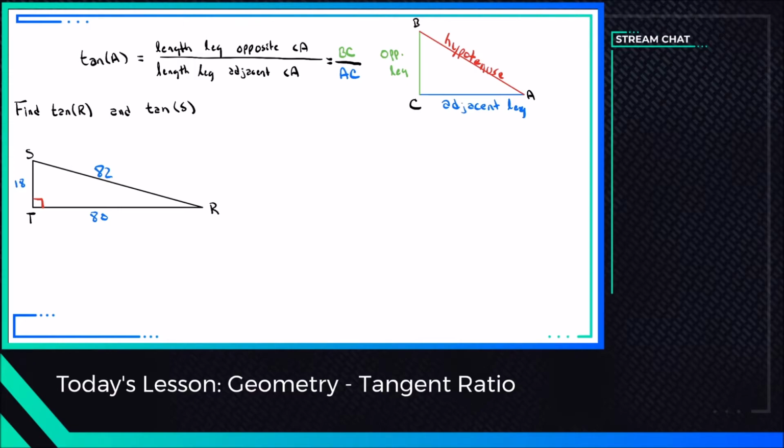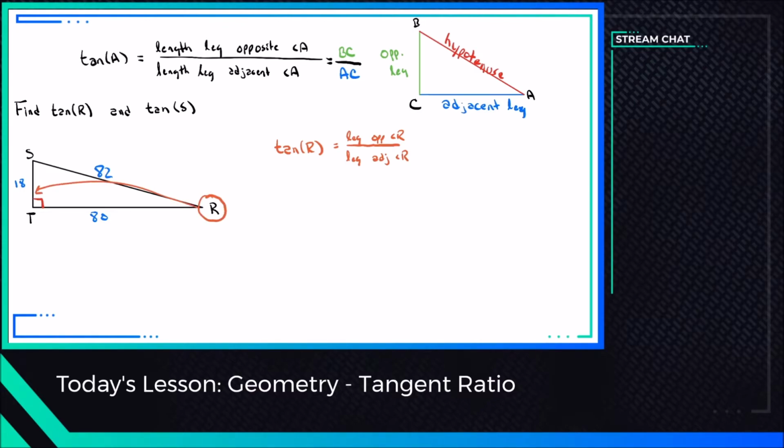So let's start with the tangent of angle R. The tangent of angle R is going to be equal to the leg that is opposite angle R and the leg that is adjacent to angle R. And so if we look at angle R right here, to go opposite, we're going to go straight across.